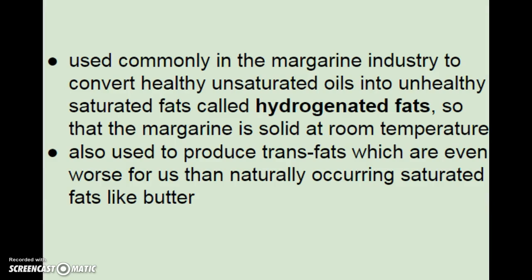And so the same process is used to produce trans fats, and those are even worse for us. So really, when you start using soft margarines, people, you're using them thinking they're a healthy alternative to butter. In many cases, they really aren't, and in fact, in many places, hydrogenated fats and trans fats have been eliminated because people finally realized the health risks associated with it.